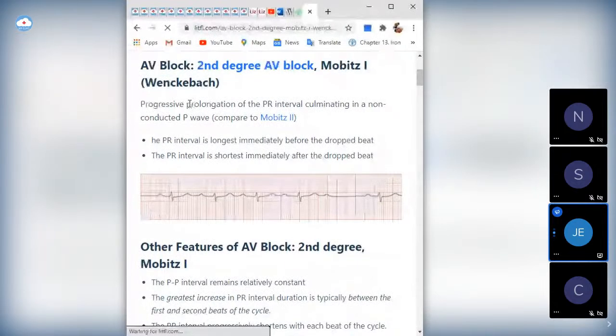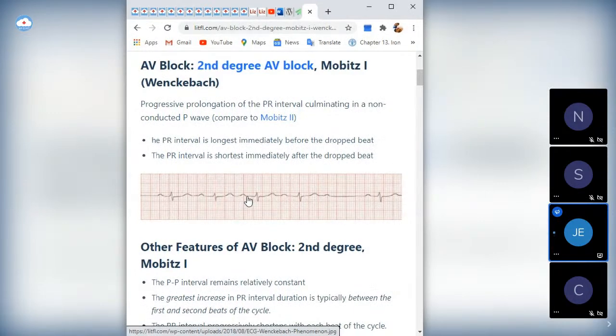Progressive prolongation of PR interval culminating in a non-conducted P wave. Keep prolonging the PR interval until you skip a P wave. See, this P wave, this QRS, this PR interval, this T wave. You can see that this PR interval here is longer than this one.